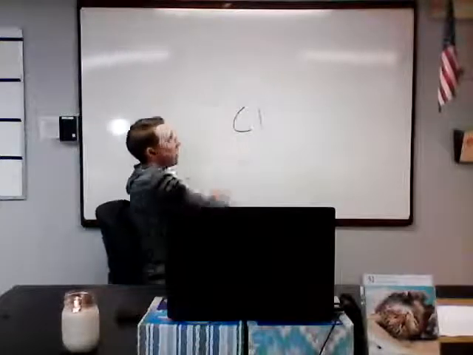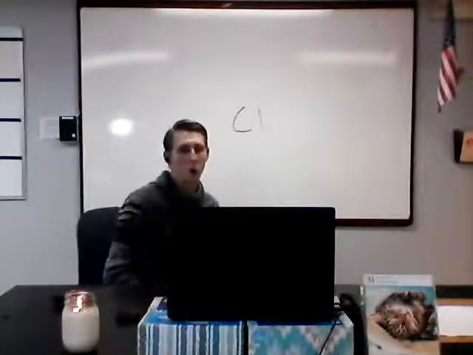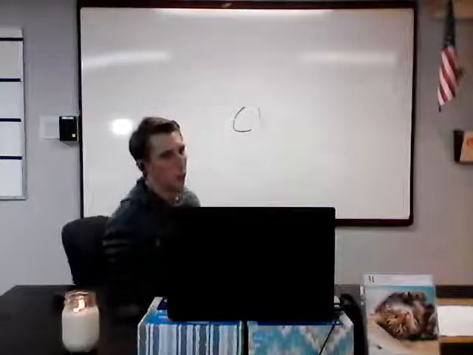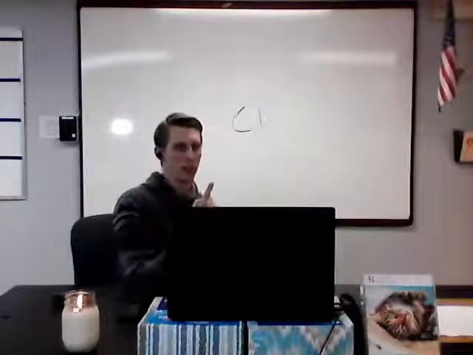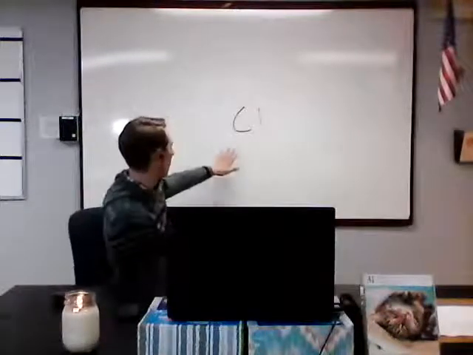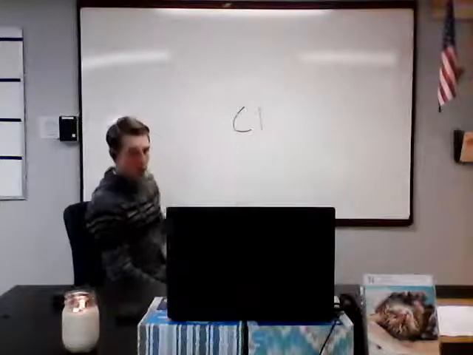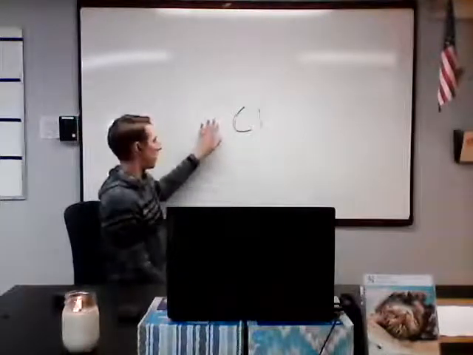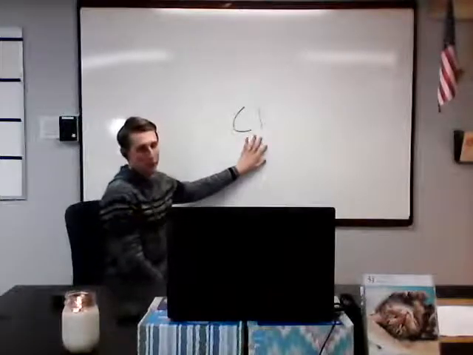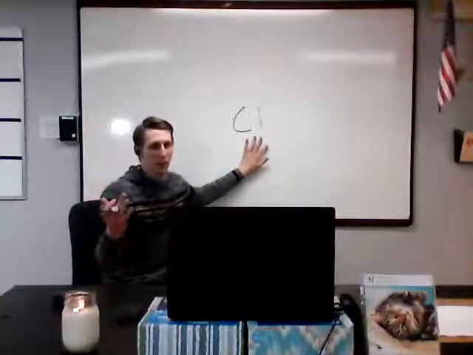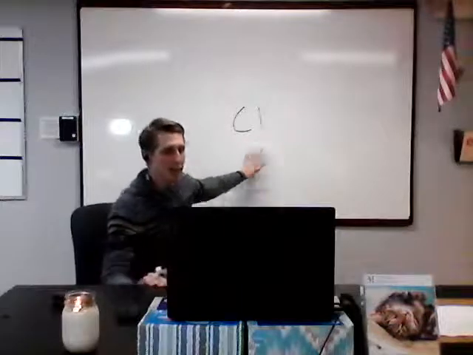Anytime we have an acid, we're always going to have a proton, meaning one hydrogen atom attached to it. Once you remove the H, it's no longer with the chlorine. It's not going to be as acidic because it no longer has that H. That's very important for us to consider.